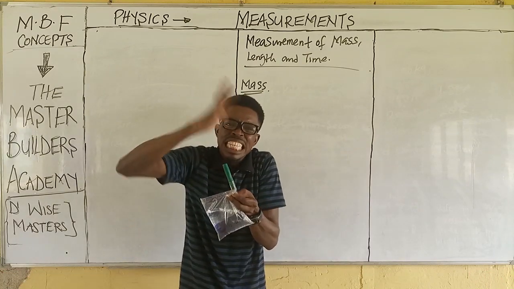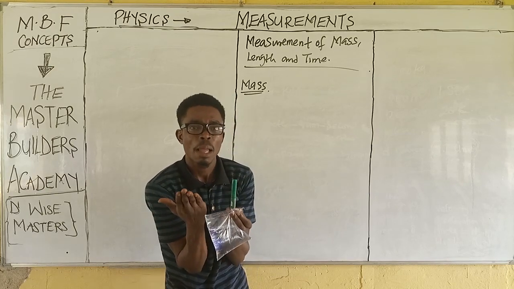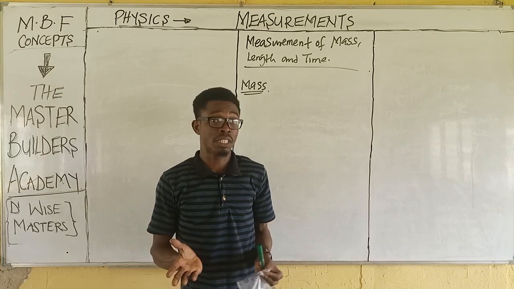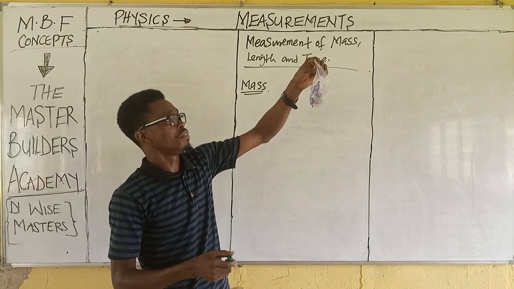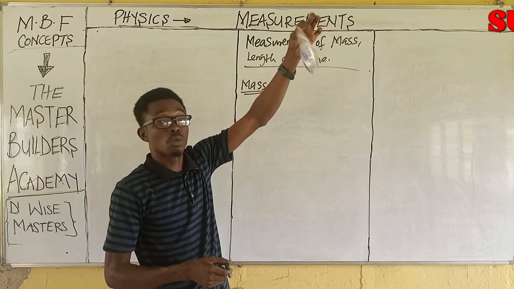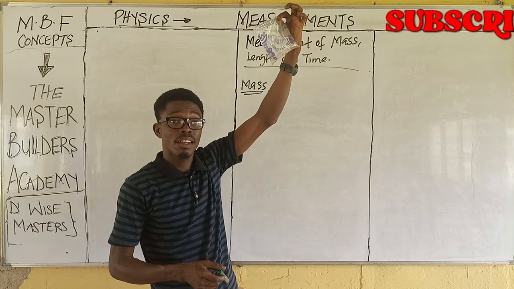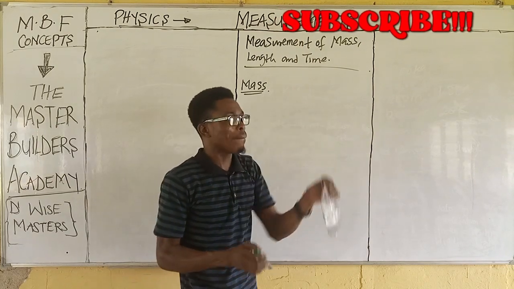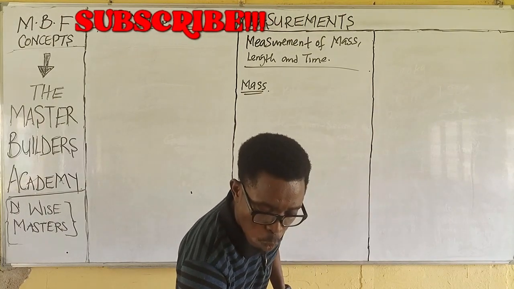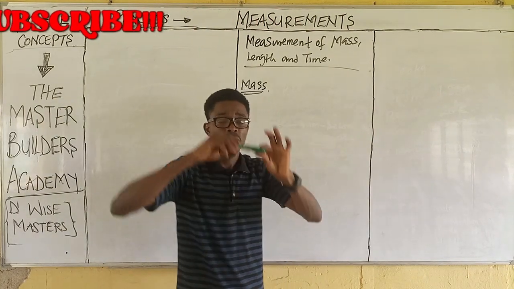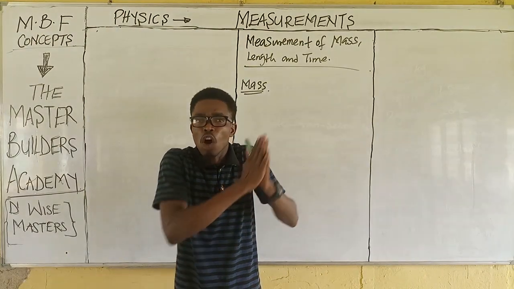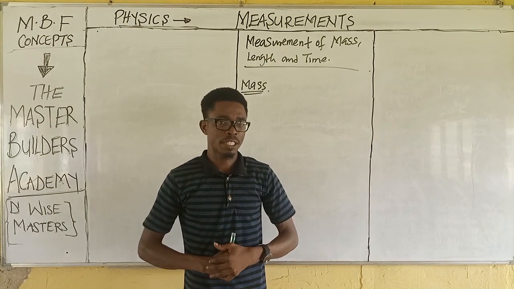So it is the quantity of matter that is contained in a body or an object. If this nylon, which is 60 cl, contains water, then the water is indirectly 60 cl. Is that correct? Yes. So mass is the quantity of matter that is available in an object or a body.